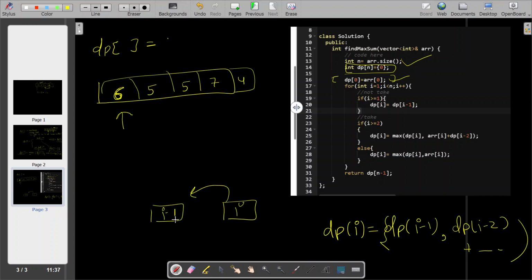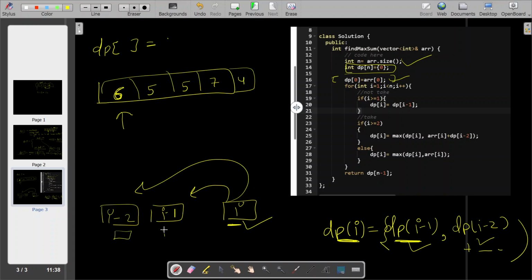For calculating dp of I, you need dp of I minus 1 as well as dp of I minus 2. So when you are calculating dp of I, you should know the values of dp of I minus 1 as well as I minus 2.